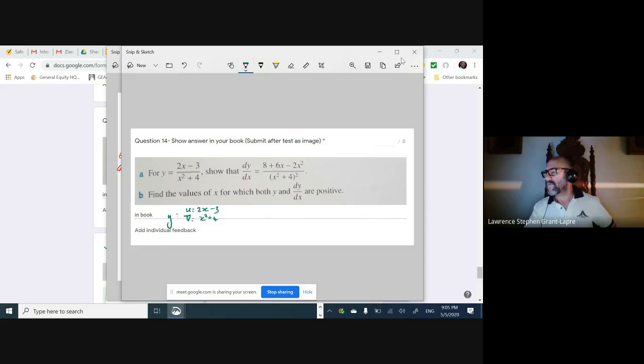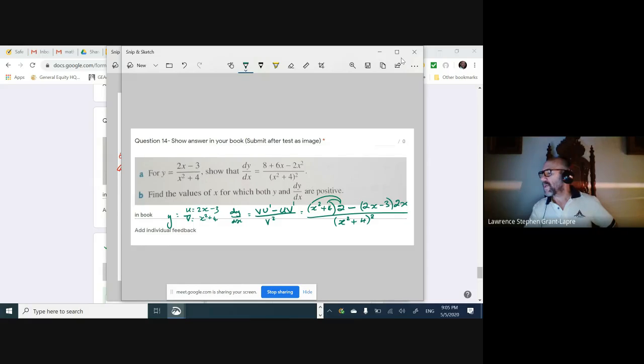So if y equals u over v, dy/dx equals v du minus u dv over v squared. So it's v, x squared plus 4, times the derivative of u, which is 2, and then u, so 2x minus 3, times the derivative of v, which is 2x, over v squared.